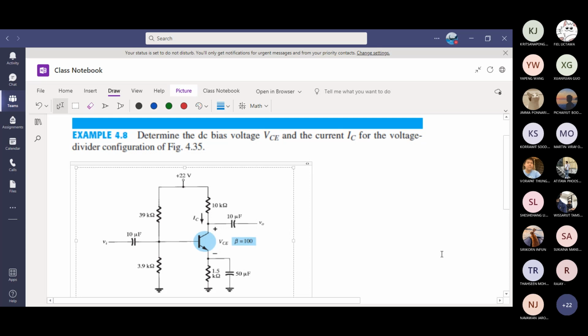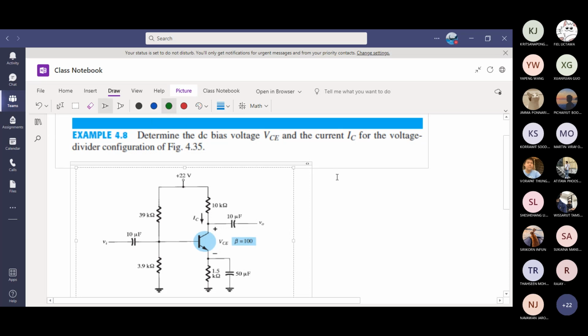RE is 1.5 kilo ohm, so beta RE is 150,000. What is 10R2? 390,000. No, beta RE is not greater than 10R2, so we cannot do the approximate analysis. We have to do the exact analysis.